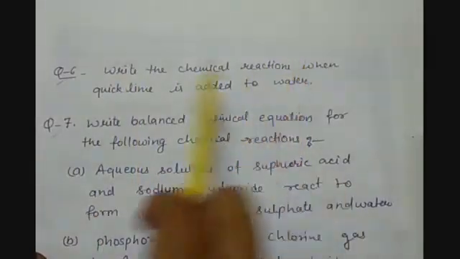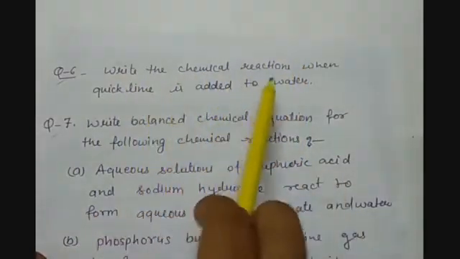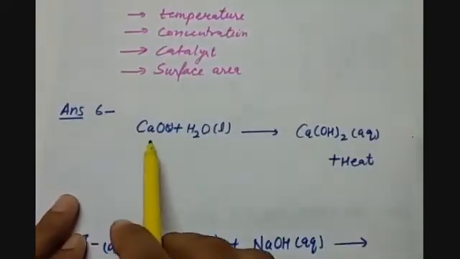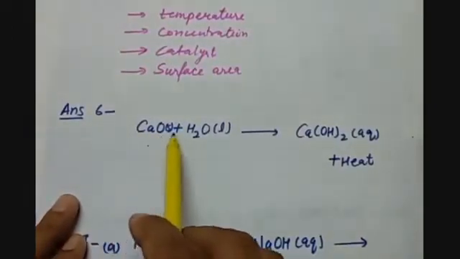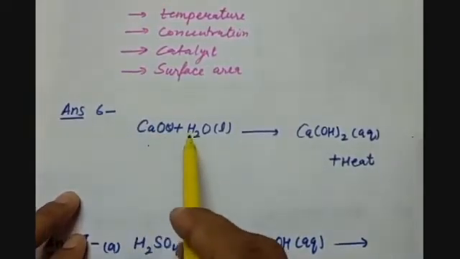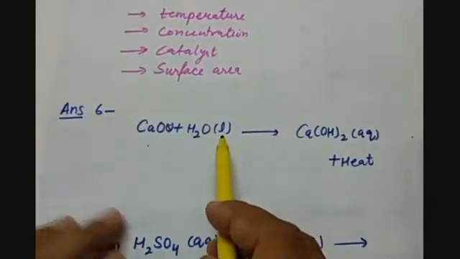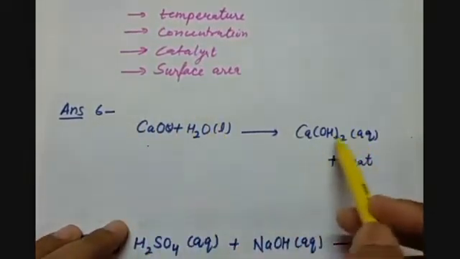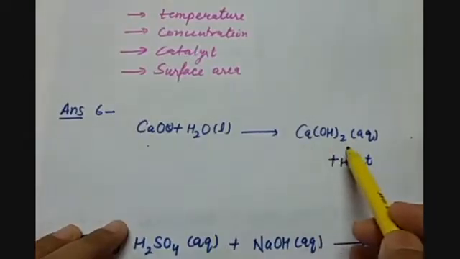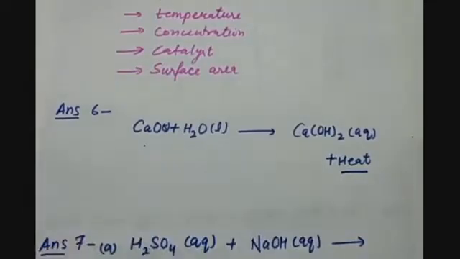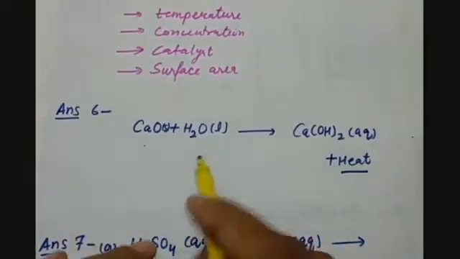Question number 6 is, write a chemical reaction when quicklime is added to water. So quicklime, that is CaO, calcium oxide, is in solid form. When this is added to water, H2O, which is in liquid state, this gives us calcium hydroxide, Ca(OH)2, and heat is evolved in this reaction.